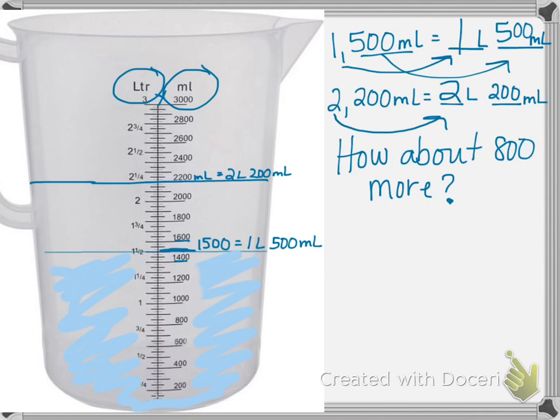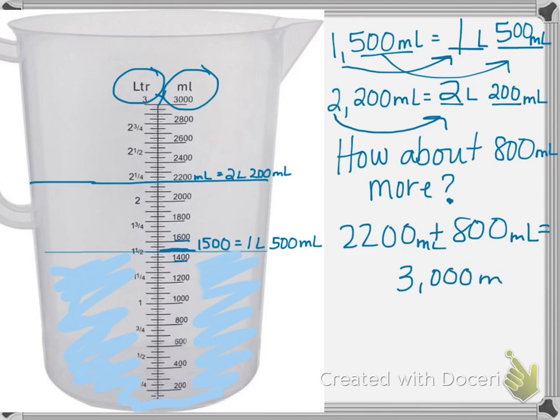What if I were to fill my beaker up 800 milliliters more? So right now I'm at 2,200 plus 800. So if I have 2,200 plus 800 milliliters, that's going to equal 3,000 milliliters.